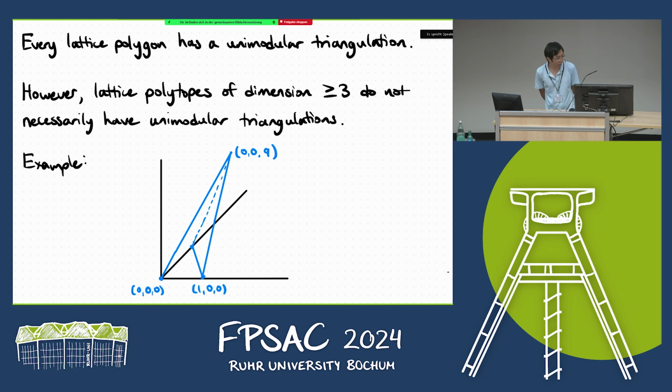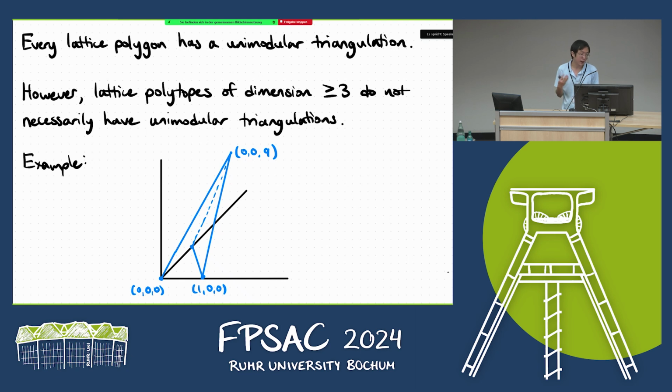So, for example, you can take the following simplex. I forgot a coordinate there, but it should be (0,0,0), (1,0,0), (0,1,0), and then (1,1,9), with a large number, say 9. A property that this simplex has is that the only lattice points it has are its vertices.